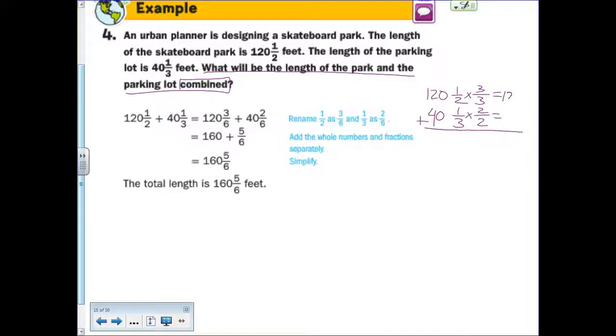And that gives me 120 3/6 and 40 2/6, which is 165/6 feet is the total length of the parking lot. Always checking to be sure that I don't have to reduce and that I don't have an improper fraction.